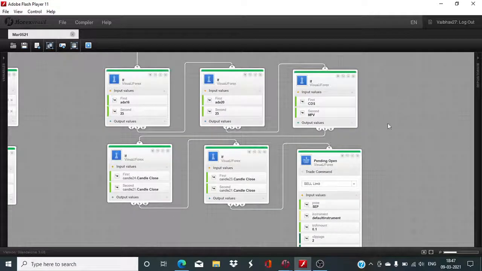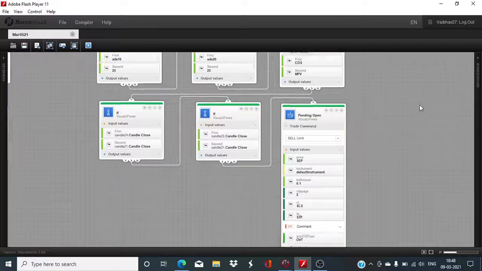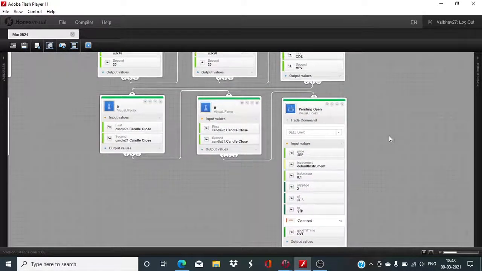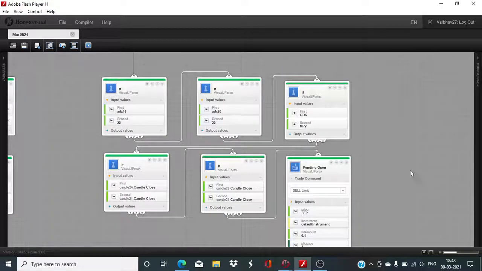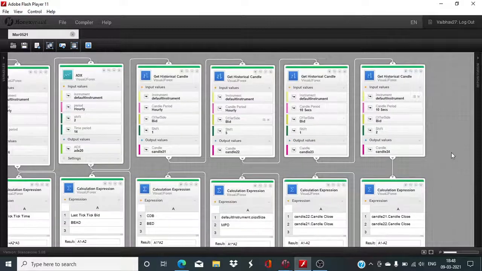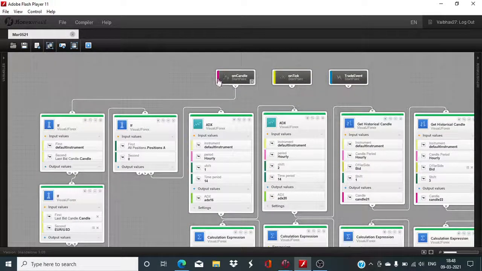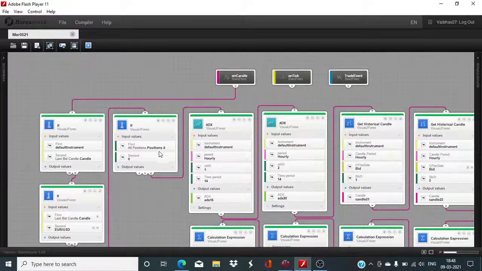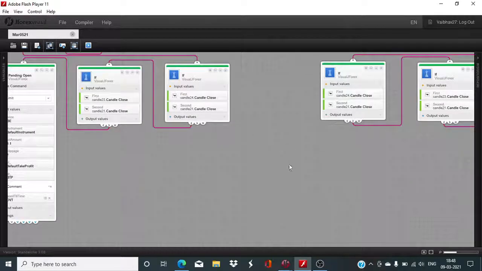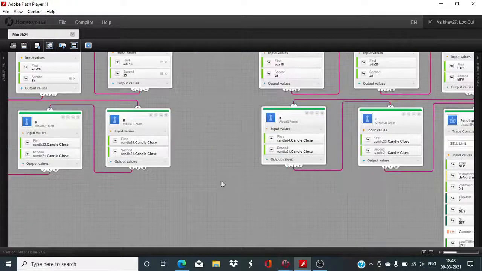So here we are done with the sell side, defining of conditions, and now to make sure everything is perfect, I will have to take it one more time. And yes, everything looks good to me.